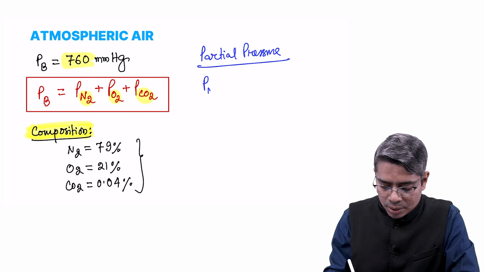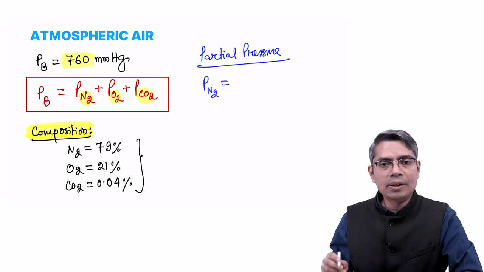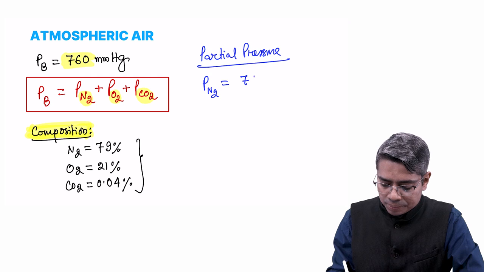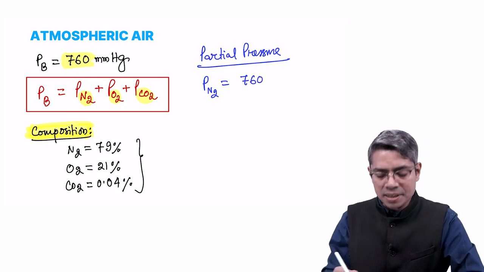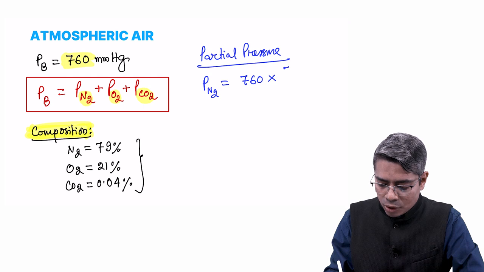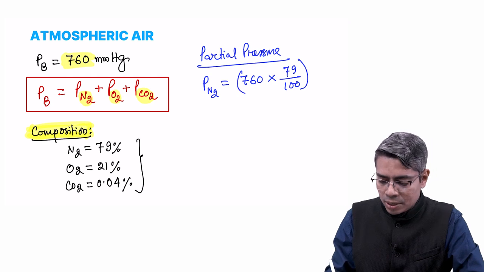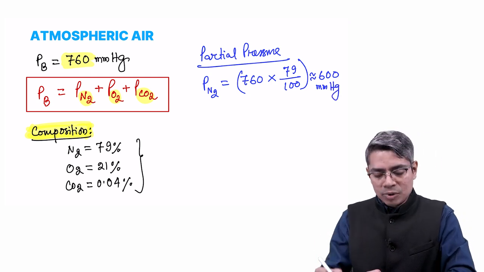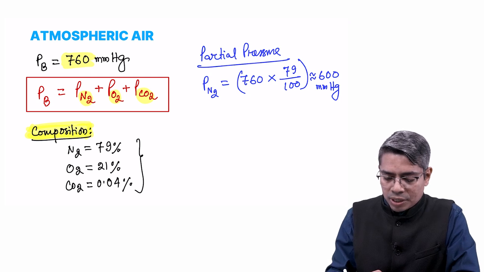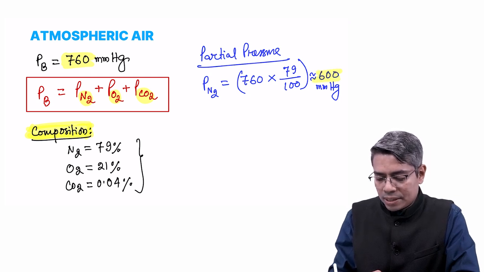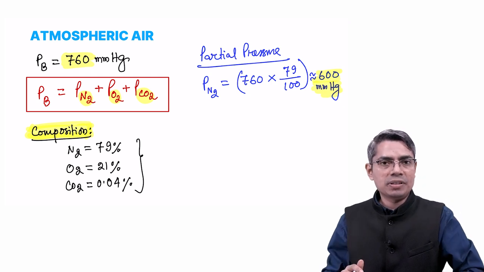If I calculate the partial pressure of nitrogen, PN2, it will be the total pressure, that is 760, multiplied by the percentage of nitrogen, 79 percent. So, 79 upon 100, it will be approximately 600 millimeter of mercury. That is why we say that in atmospheric air, the partial pressure of nitrogen is 600 millimeter of mercury, the maximum partial pressure.